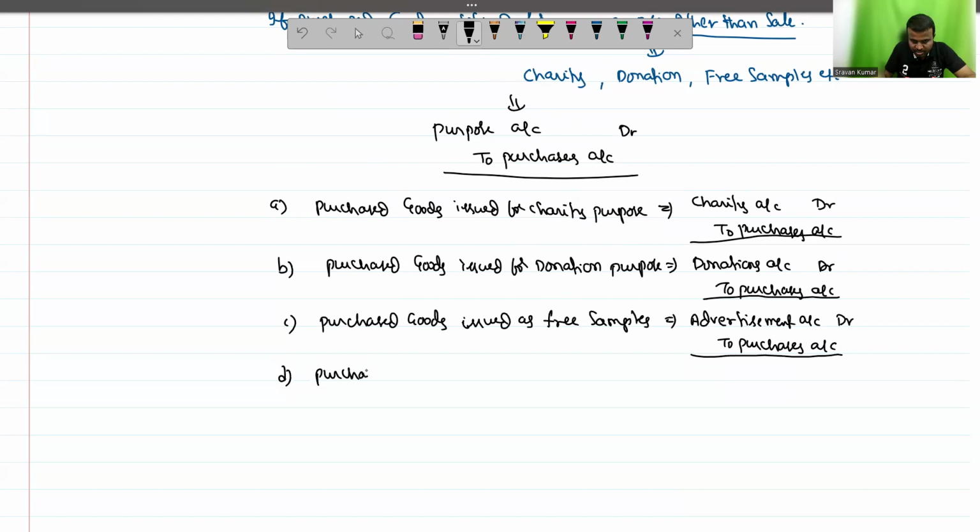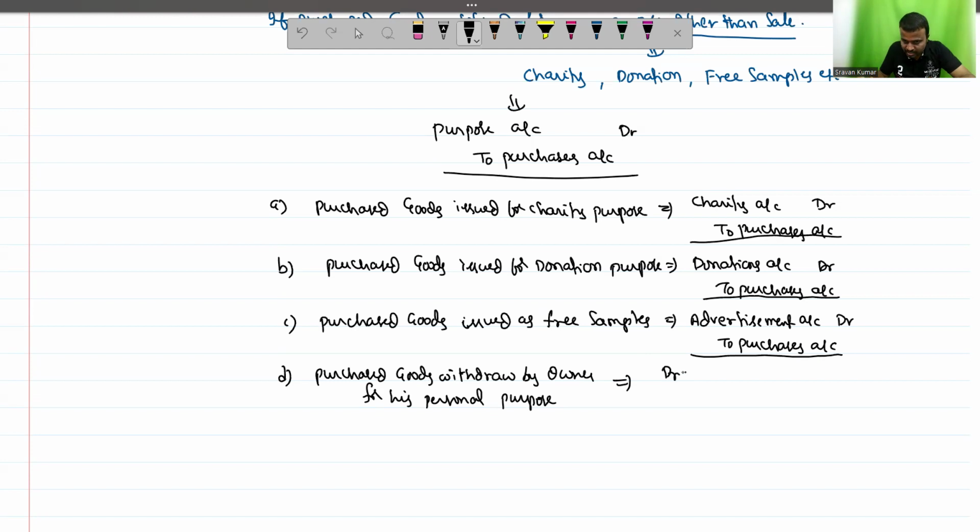And if the purchased goods are withdrawn by the owner for his personal purpose, anything withdrawn by the owner for his personal purpose, we consider it as what?